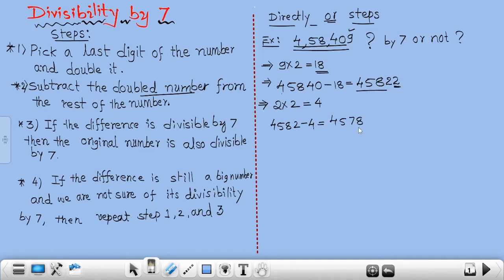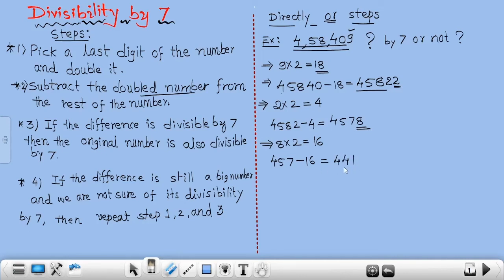This is also a big number. We are not sure whether it is divisible by 7 or not. So we take the last digit and multiply it by 2. 8 2s are 16. We subtract it from 457, so 457 minus 16. How much do we get? 441.